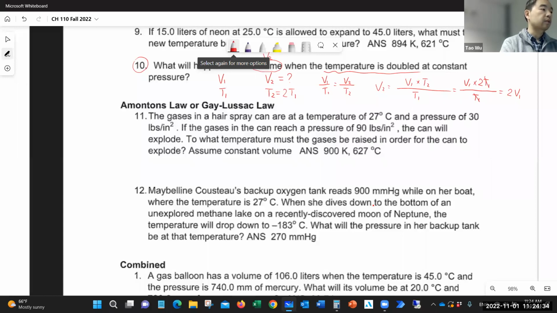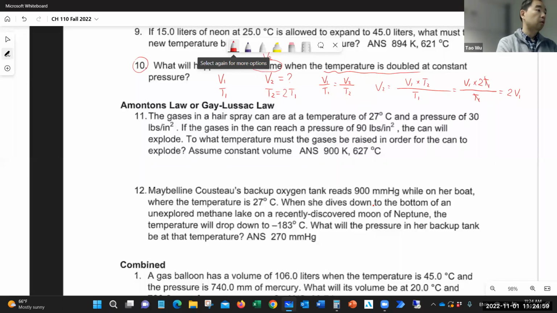To what temperature must the gas be raised in order for the can to explode? So that means the final pressure needs to reach 90 psi. Initial is 30. The initial temperature is 27 Celsius, and we're asking for the final temperature.